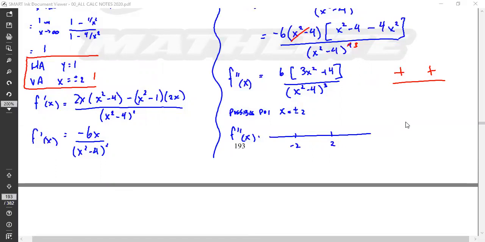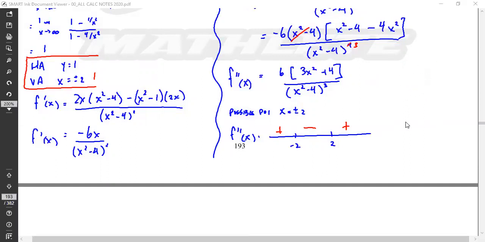If we are over in this zone here, say negative 3, negative 3 squared is 9, subtract 4, which is 5. We cube it, that's going to be positive. So this ends up being positive in this zone. Between negative 2 and 2, say a number like 0, makes this positive divided by 0 minus 4, which is negative 4 cubed, which is negative. So in between we have negative, and then this ends up being positive out here when x is greater than 2.